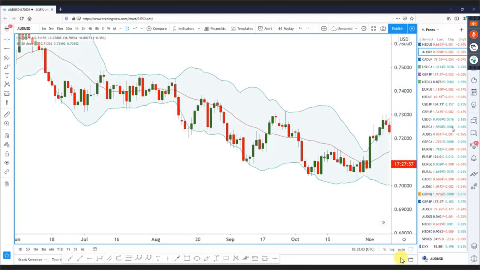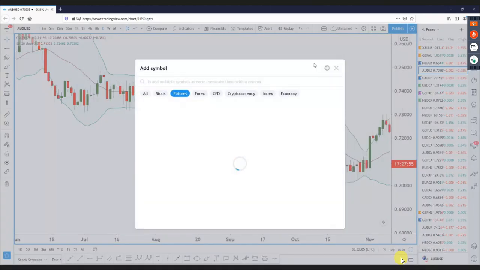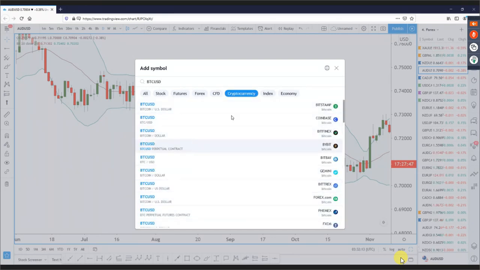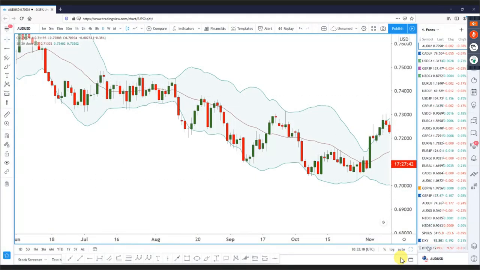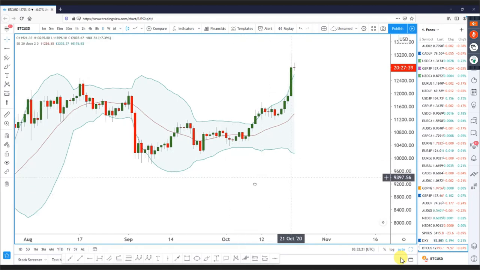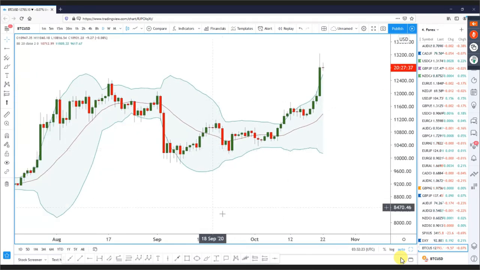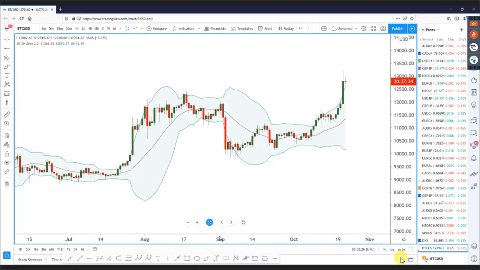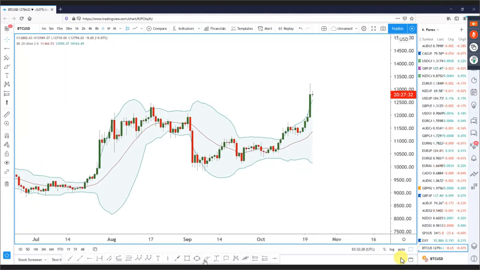Okay, let's go into Bitcoin to see if there's any movements. BTC USD. Oh, which one? Okay, let's try this. Okay, wow. See, Bitcoin is just currently walking the bands. So this is what it meant by just trading between the upper band area.